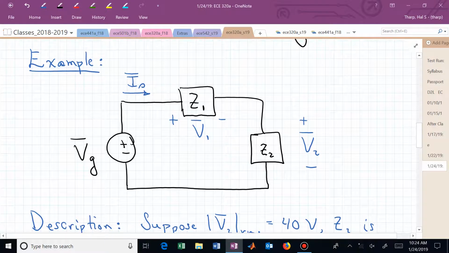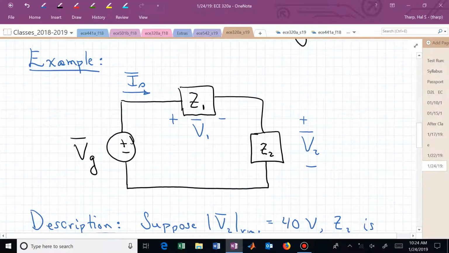Well, we can now start applying our circuit analysis strategies, and in this one it's a series circuit. It's suggestive to write a KVL equation relating these voltages around the series circuit. If we start at the lower left-hand corner, we're going into the voltage source's negative terminal, so we'll have minus V sub G bar.